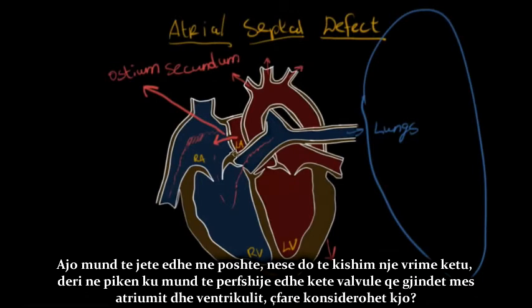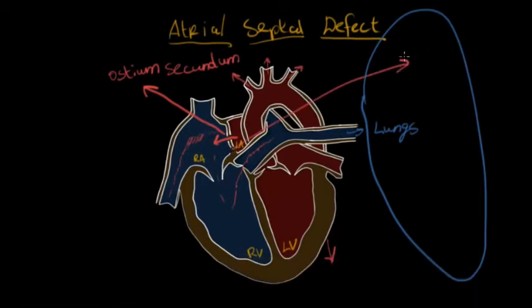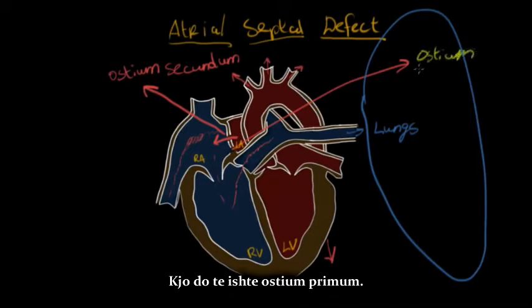So if we were to have a hole down here, to the point, maybe it even involves this valve between the atrium and the ventricle. Well, what that is considered to be is, let me do it in a different color just to be fancy, that is going to be ostium primum.